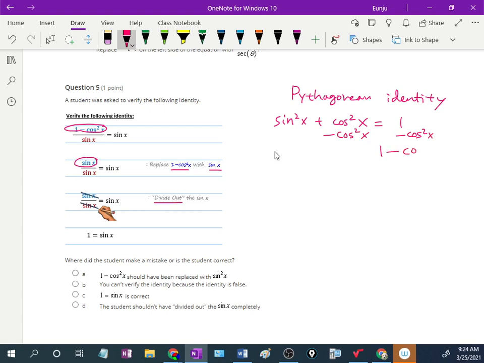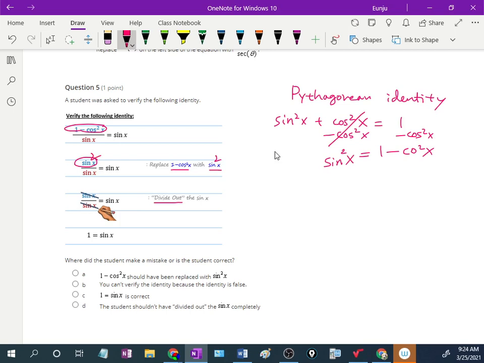So 1 minus cosine squared of x will be sine squared of x, right? 1 minus cosine squared of x is sine squared of x. Oh, what's missing here? Yeah, second power is missed, right? It should be second power.